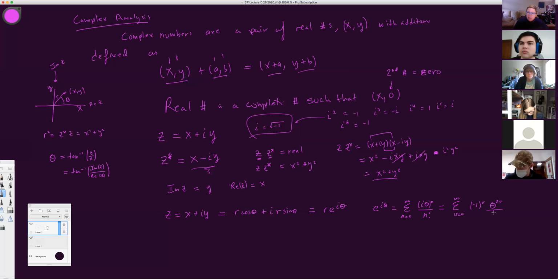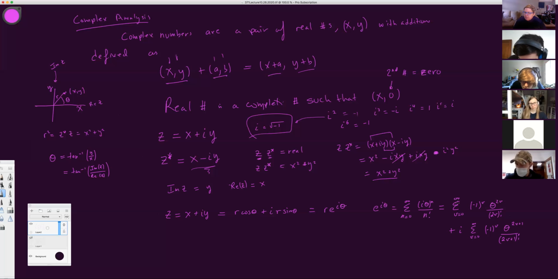These are the even powers. Then plus i times the sum from nu equals 0 to infinity of negative 1 to the nu again, but now we have the odd powers, theta to the 2 nu plus 1 over 2 nu plus 1 factorial. So we've split this into the even and the odd powers.